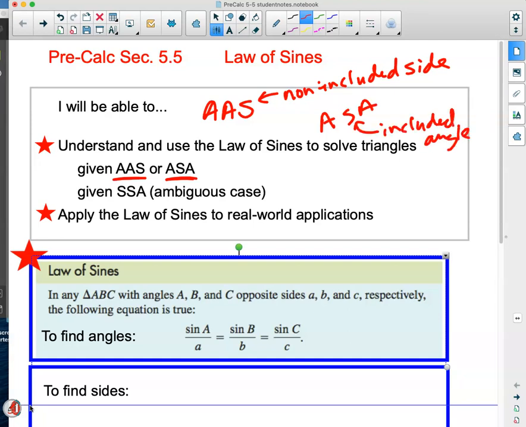So it's all about the order when you read off your triangle. Do you have angle, angle, then side in that order? Or is it angle, included side, and angle? Like it says, the law of sines can be used to solve triangles in those two situations.